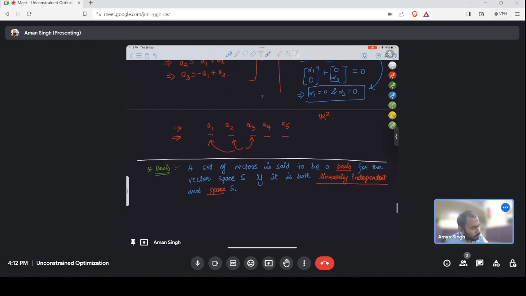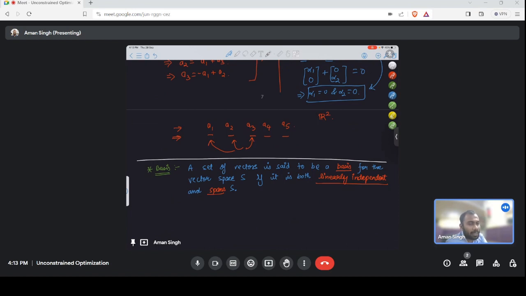What does this mean? Spans means that the linear combination of those vectors should represent any vector in S, and linearly independent means that among those vectors, none should be representable as a linear combination of the others. If this is true, this is the minimum number of vectors required for representing any vector in the space.